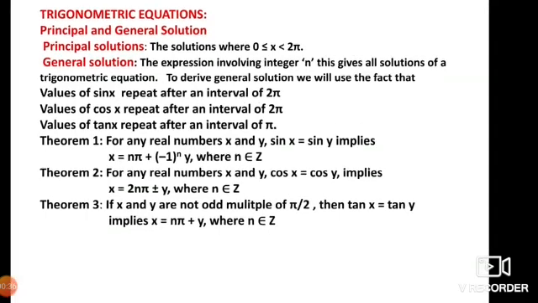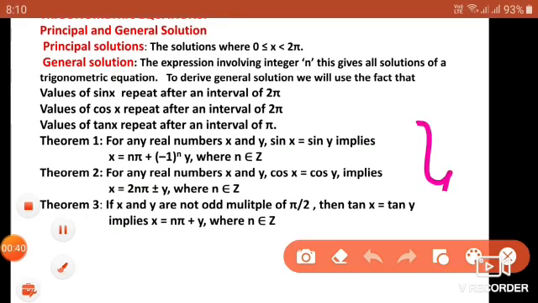There are 3 theorems. You have to learn this, only then you will be able to solve this exercise. Suppose for any real number x and y, sin x equal to sin y, then you will write x equal to n pi plus minus 1 the whole power n into y, where n belongs to Z. For any real number x and y, if cos x equal to cos y, then x equal to 2n pi plus or minus y.